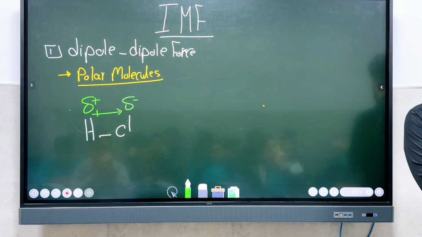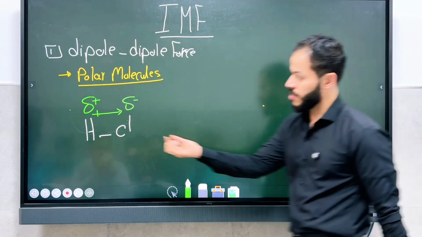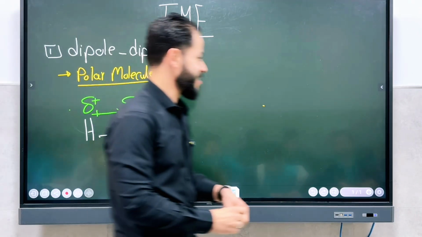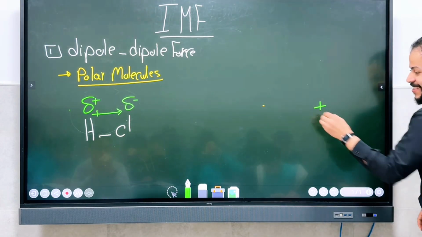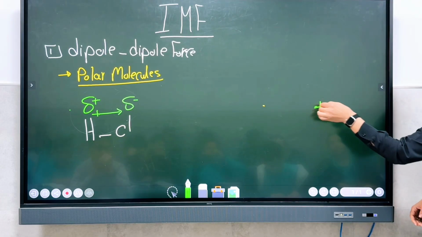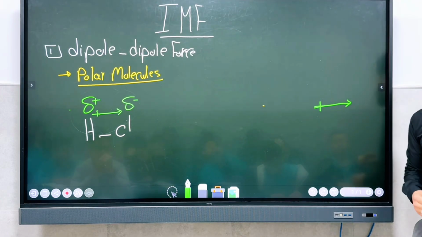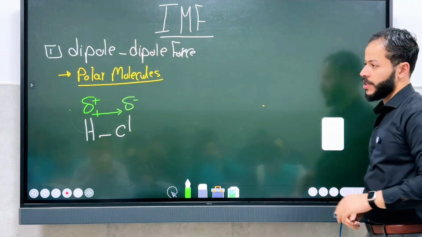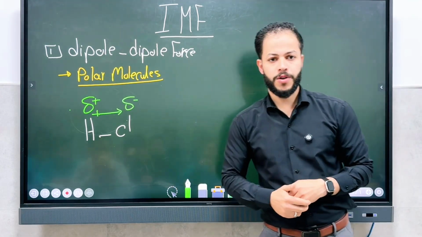The small line represents the positivity of this side. We represent it as a vector of force. Do you study vectors and force in physics, right? Okay. Remember this because we need this information.